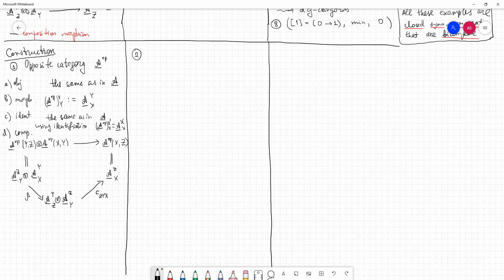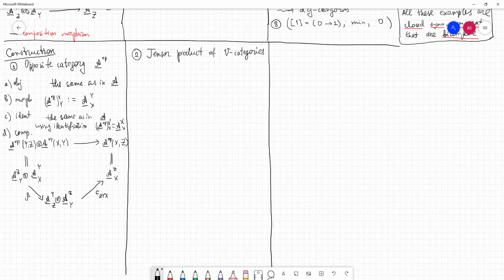Second is the tensor product of categories. Let's say now V categories. Every time I talk about enriched categories, I can just say V categories, meaning that they're enriched somehow.